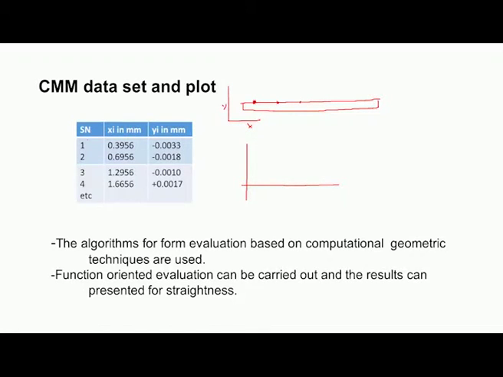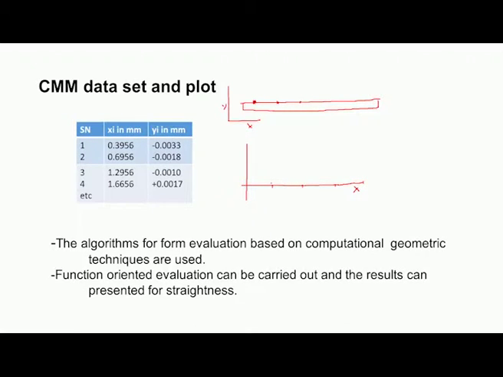So, in this case you can see the x values: 0.39, approximately 0.4, and then 0.69. Okay, this is 0.8, and this is 1.2, and this is 1.6 millimeter. So, we have 0.39, it is somewhere here.